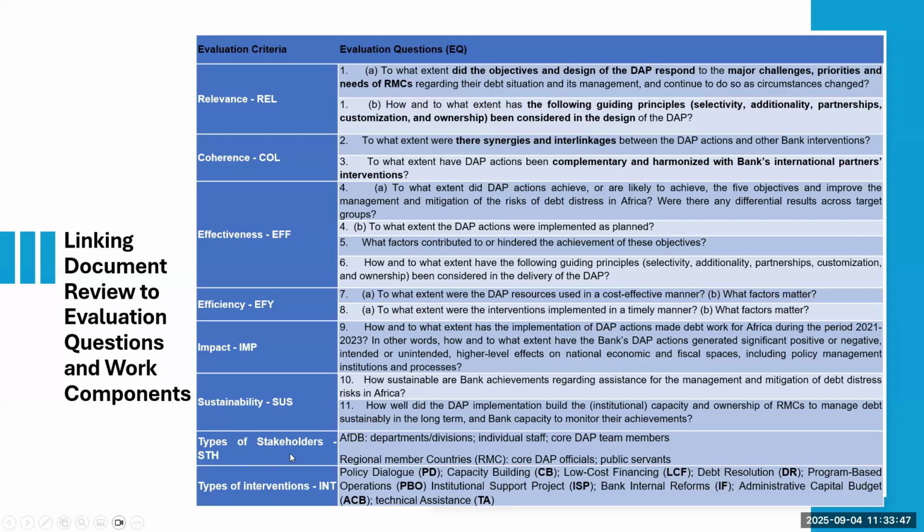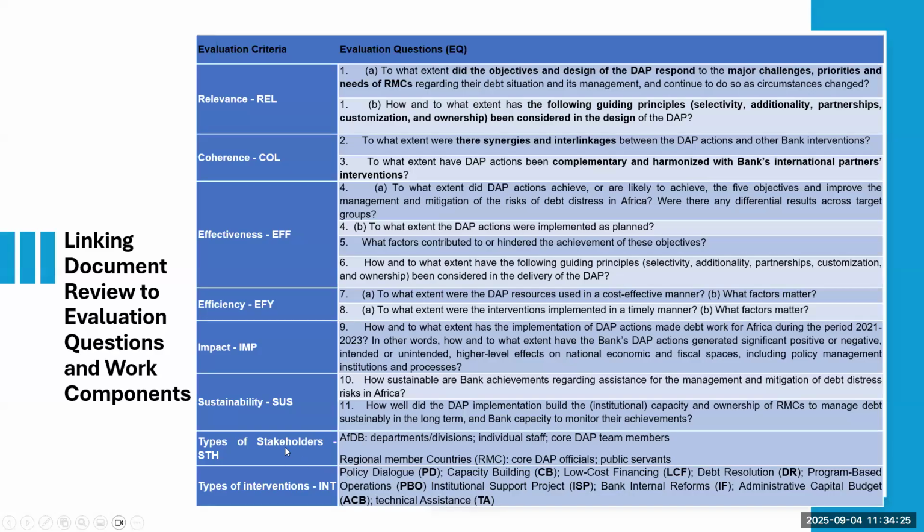And then let me say something about the stakeholders. In some questions, if you go to Annex 8 about the evaluation matrix, you will see the question about coherence. They are asking to what extent, question 2, were there synergy and interlinkages between DAP action and other bank interventions, or between the DAP action and other international ones.